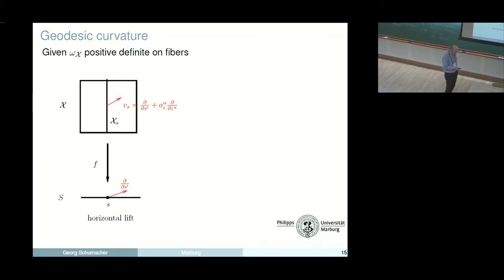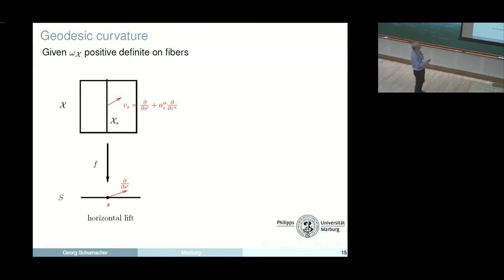The lift ought to be of type 1,0, so there is no d bar component involved. That is not necessary. So a complex lift, if you want to say so.